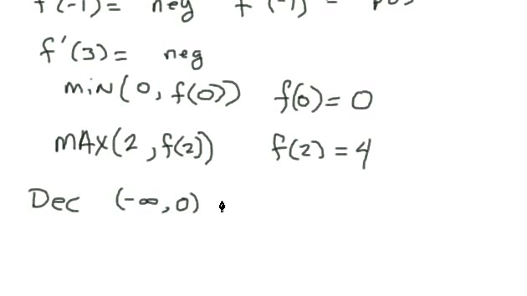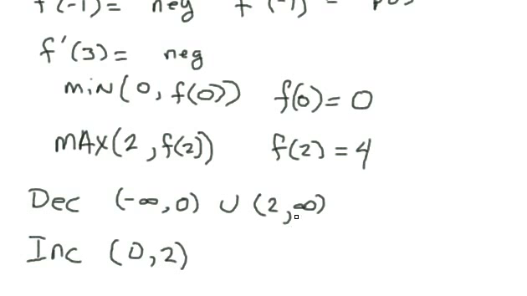So that's an interval, and we'll just union that with 2 to infinity. That's where it's decreasing. All right, and then we'll just shorthand that with increasing, and that's going from 0 to 2. Alright, well that finishes that problem, and I think I've got a couple more left here that I'm going to work.